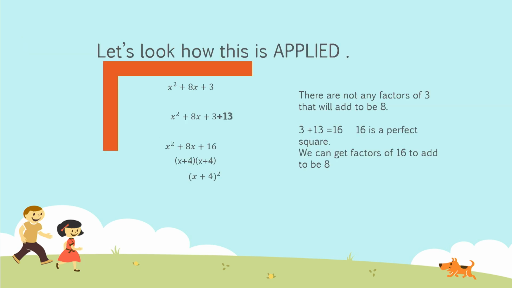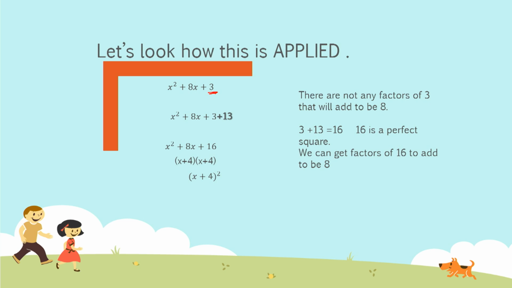So let's look at some more problems and see how we're going to apply this. It says there are not any factors of 3 that will add to be 8. We can see this because all we have is 3. So what we're going to do is add something to this constant so that we can find factors that will add to make 8.